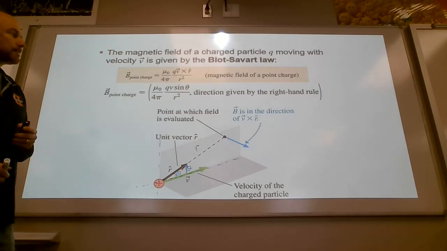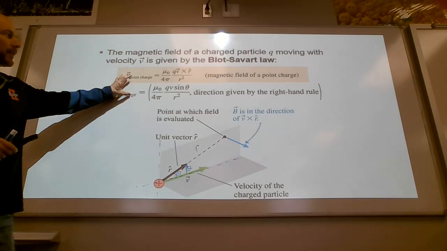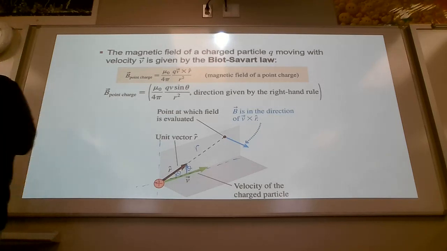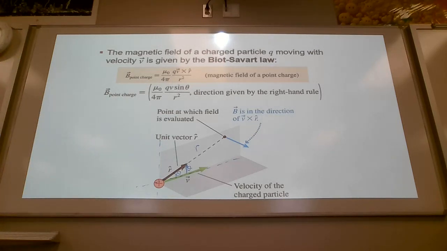This is not given on the equation sheet, pretty sure. But this is kind of foundational. That's kind of where it starts.